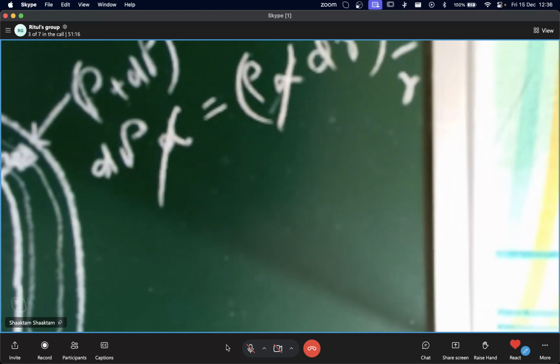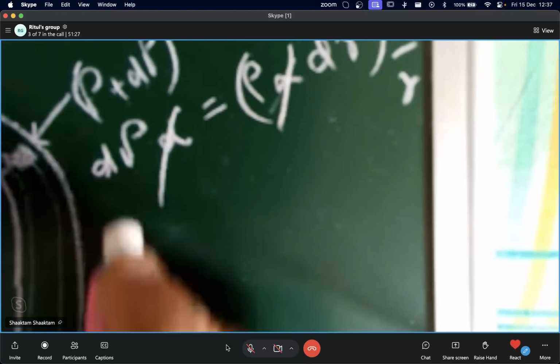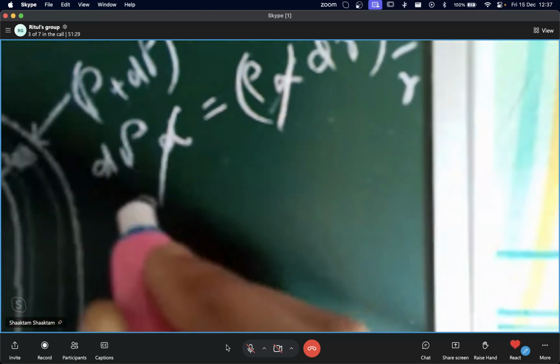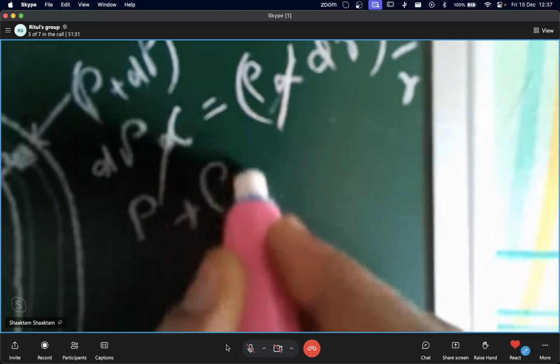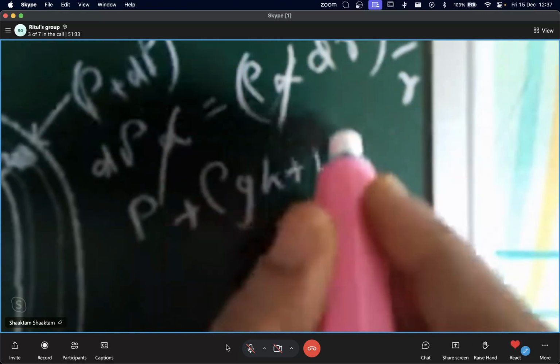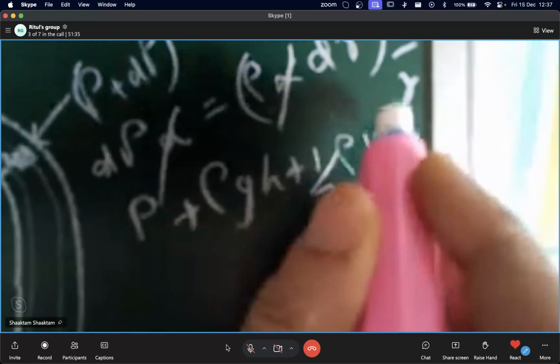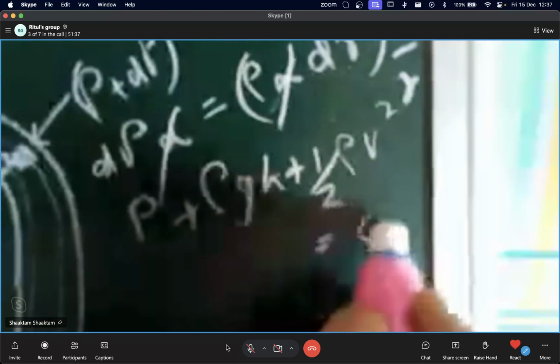Though we are not yet done with pressure variation. For pressure variation, next I'm taking some liberties on the equation out here. I would assume Bernoulli's theorem being known to you, which is to say, P plus rho g h plus half rho V square is equal to a constant.